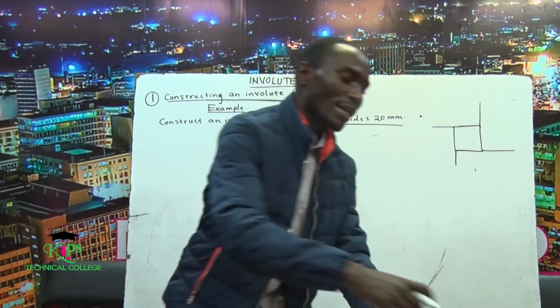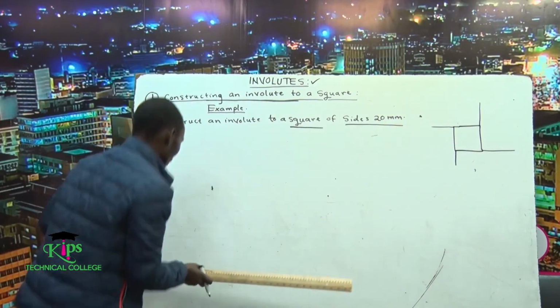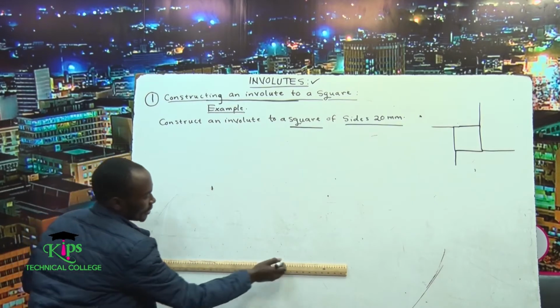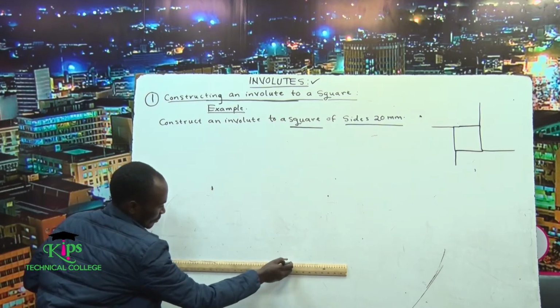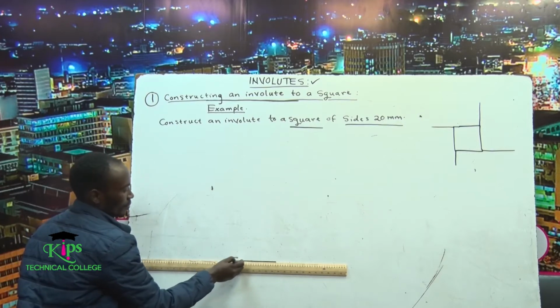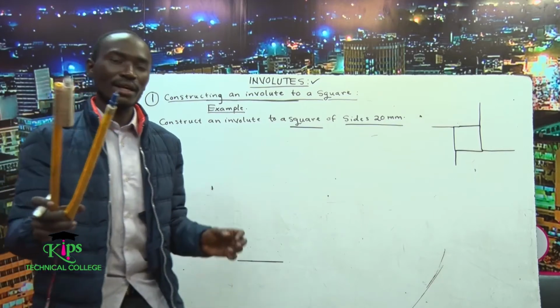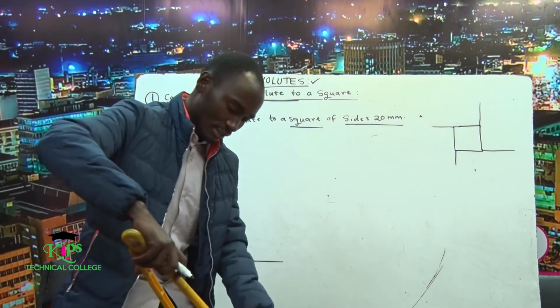So we are going to start by drawing a square of 20 millimeters. If that is my starting line, it should measure 20 millimeters.